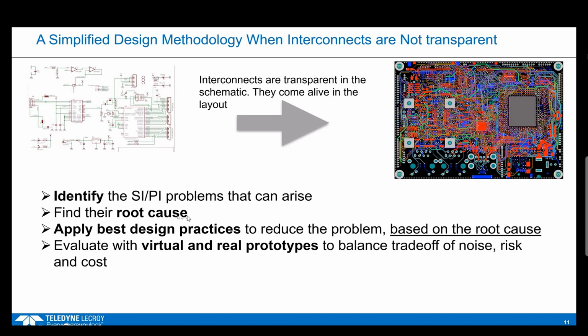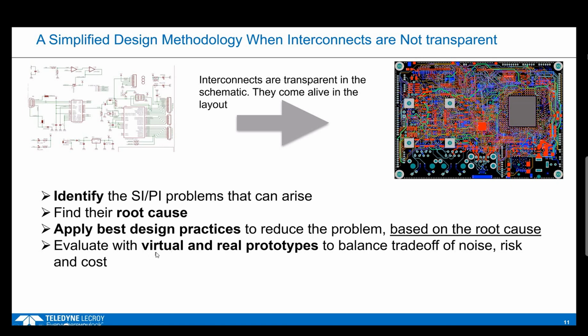And of course, to understand the root cause, that's where the essential principles are so important. And based on those principles and the root cause, that will give us some guidance into developing those best design practices so we can reduce those problems, again, based on the root cause.